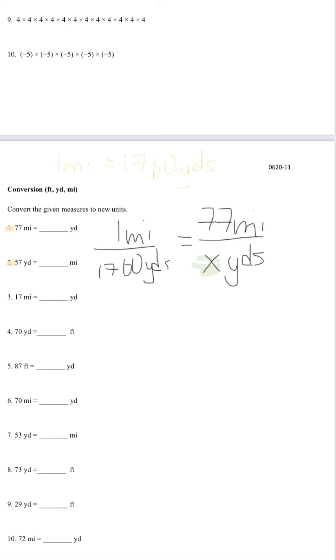So how do we do that? Cross multiply, right? So we do 1760 times 77, right?